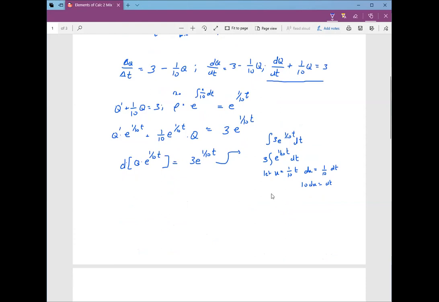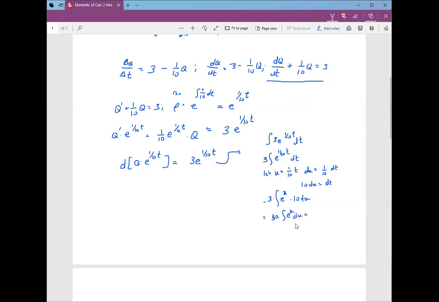But this is going to be 3 times the integral of e to the 1/10 t. We said that u was equal to 1/10 t, and my dt is equal to 10 du. So we can go ahead and say that's 30 times the integral of e to the u du.